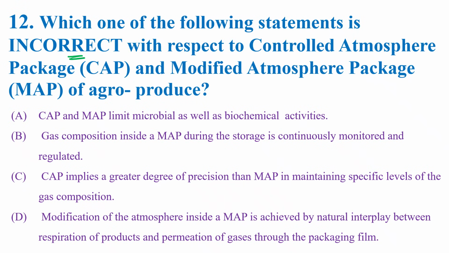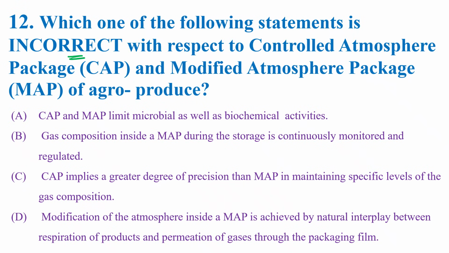C: CAP implies a greater degree of precision than MAP in maintaining specific levels of gas composition. D: Modification of the atmosphere inside a MAP is achieved by natural interplay between the respiration of products and permeation of gases through the packaging film.